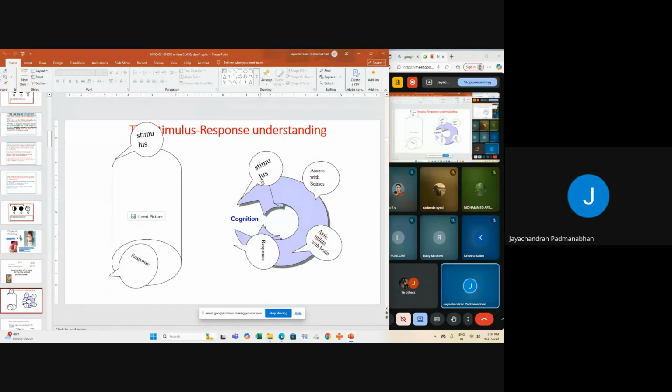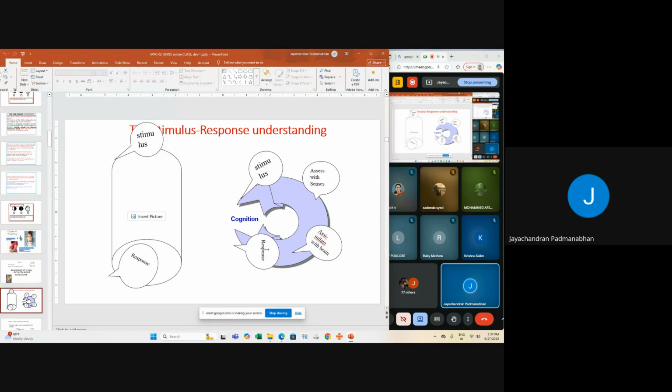A person must be able to assess with the senses, assimilate with the brain, and respond. Now, from the little time, just 40 minutes I have taken, you can very easily understand. 0 to 1.5, the child is just born. The stimulus, assessing with the senses, is very poor. Assimilation with the brain is still very poor.